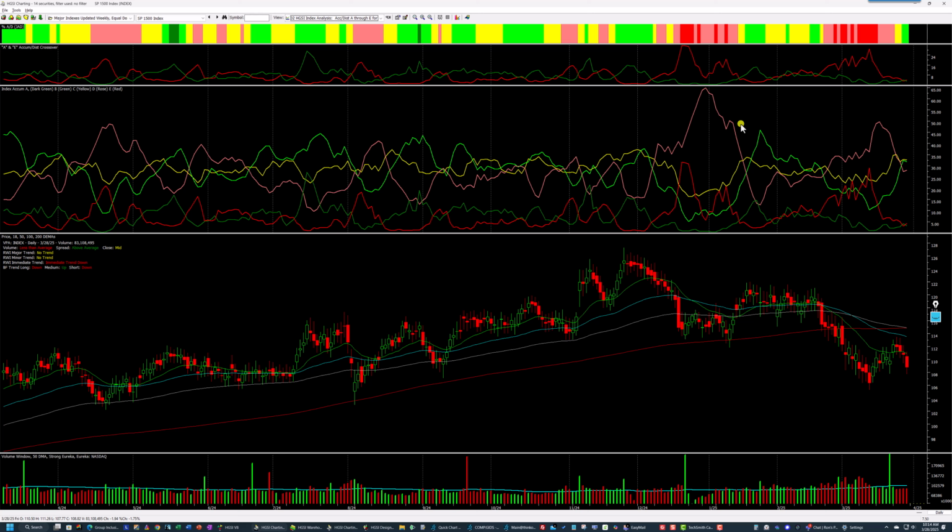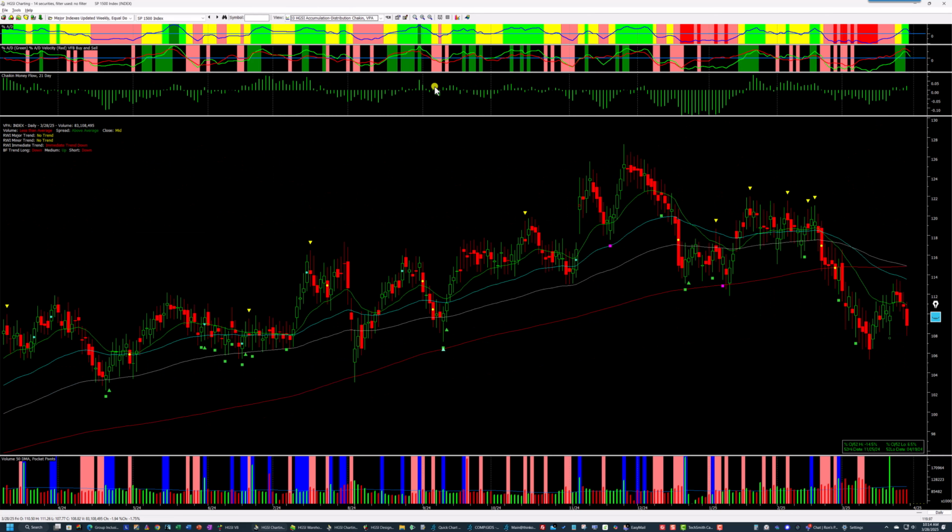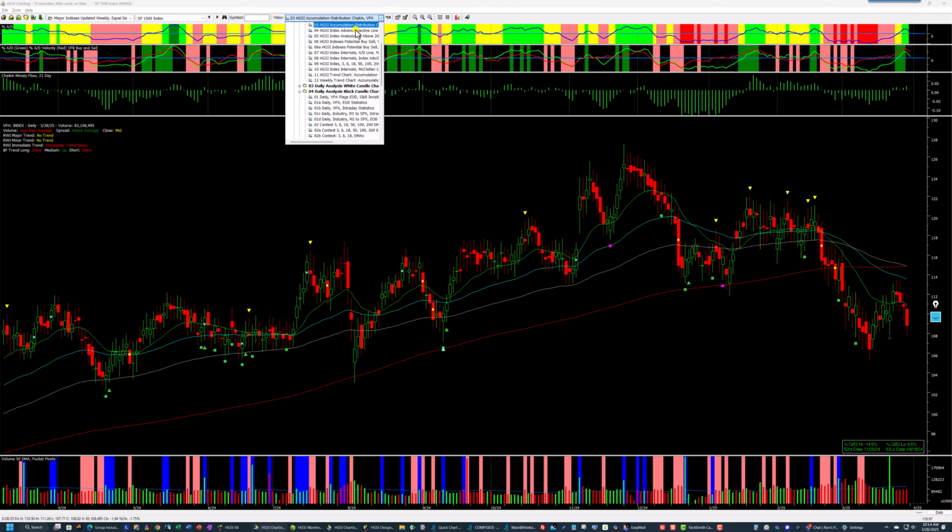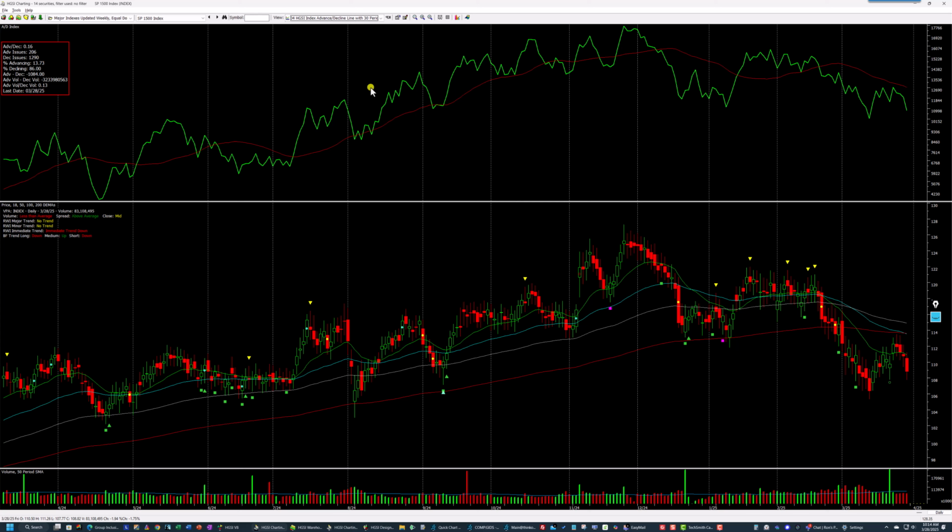Here's Chaikin. You can see that it looked good in here, except for the past several days, and now everything is rolling over. This is the AD line on the S&P 1500 today, and if you look over here, I'll bring up an arrow. You can see declining issues 1290, advancing 206.